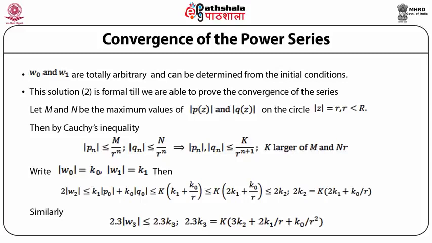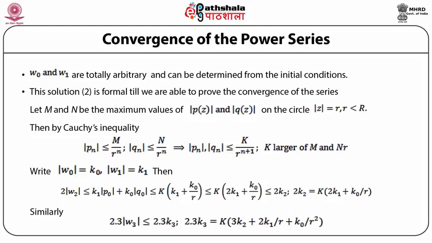Then, on using the triangle inequality, we have twice of modulus of c2 is less than or equal to k1 times modulus of p0 plus k0 times modulus of q0. This is less than or equal to capital K times (k1 plus k0 by R).